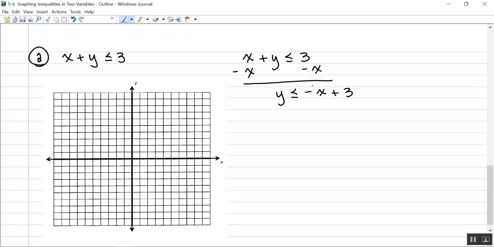And because this is a less than or equal to, this is going to be a solid line. So I'll go ahead and graph that. My y-intercept is 3, and my slope is negative 1, which means down 1 and right 1, or up 1 and left 1. And since this is a solid line, I'm not going to worry about the dashes. Just draw my line here.